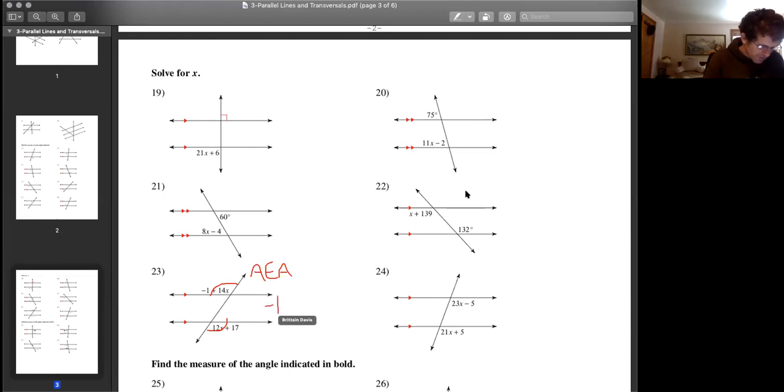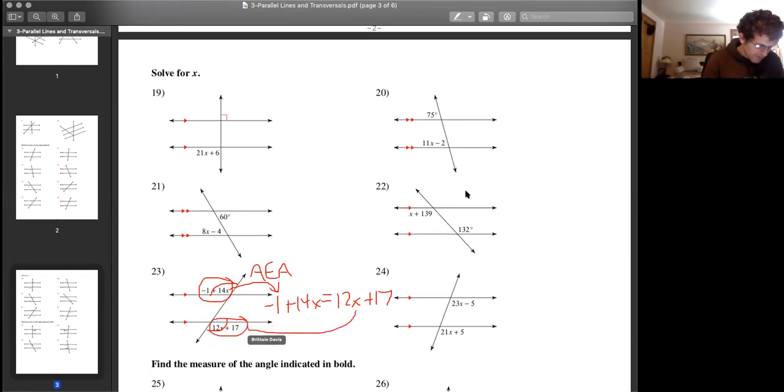So I'm just going to set them equal to each other: -1 plus 14x equals 12x plus 17. Just to make sure that's clear, this angle is equal to this angle, and that's where the equation comes from. I know that they're congruent, so I just called it good.